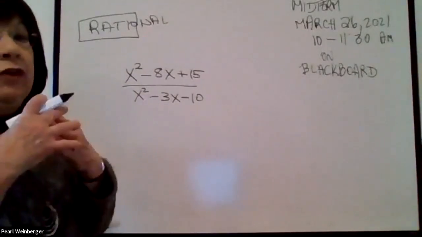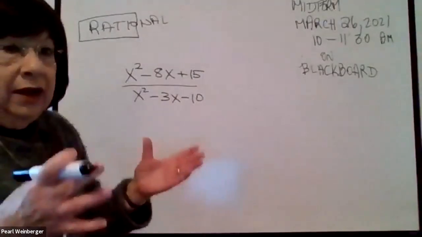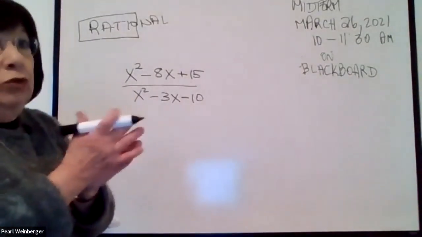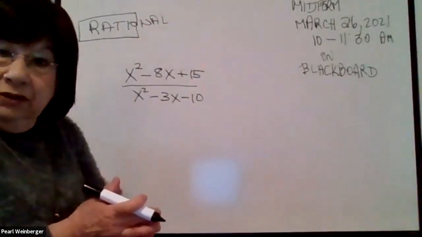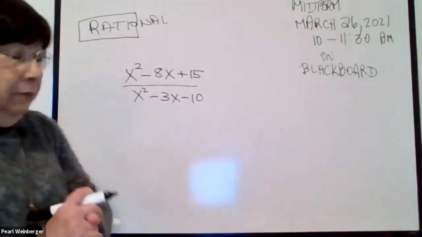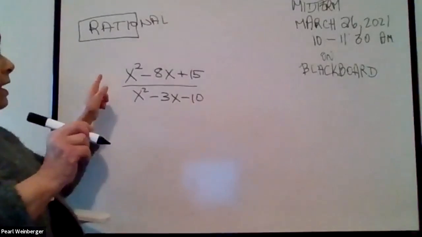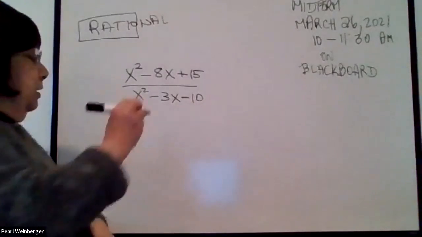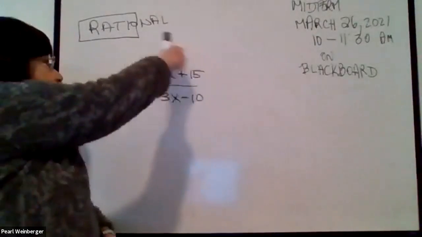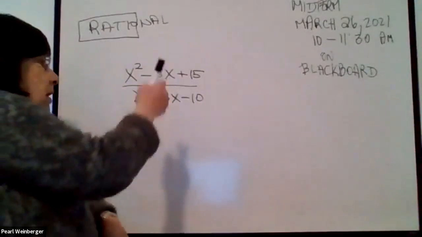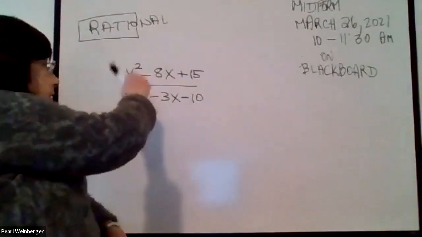And after we've completely factored our expressions, then we're going to compare them and see if there's anything alike that we can cancel out. So this involves quite a bit of work, because first we have to factor the numerator, and then we have to factor the denominator.